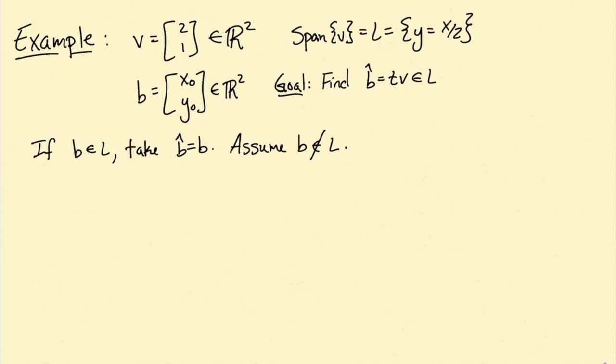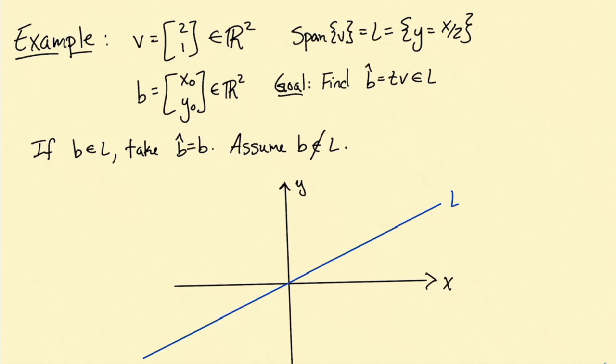So let's start out by drawing a picture. Here we have R^2 with our standard basis and standard coordinates. We start off by drawing the line L and a vector b. First, we're going to take the line L prime, which is perpendicular to L, and passes through the point at the tip of b.